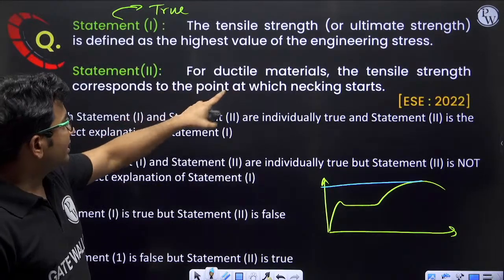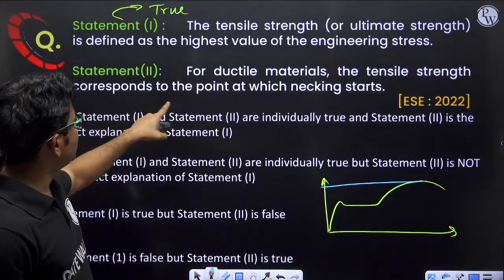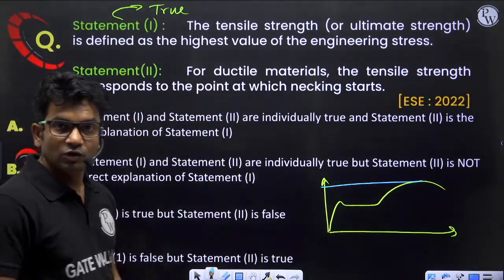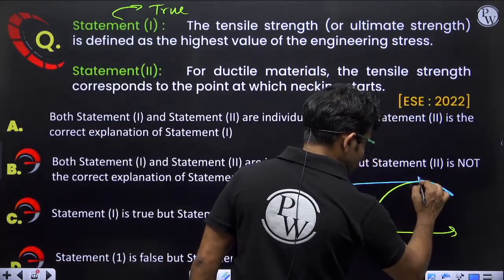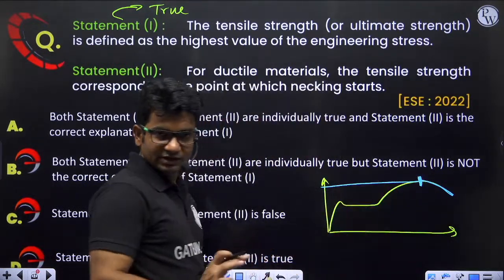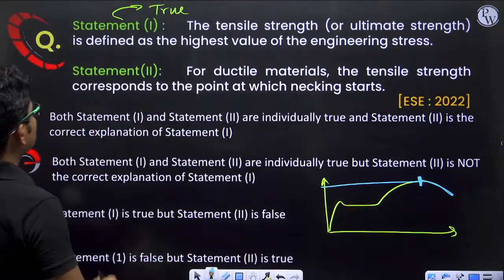Now, for ductile materials, the tensile strength corresponds to the point at which necking starts. So this is the stress at which necking will start. This is also true.